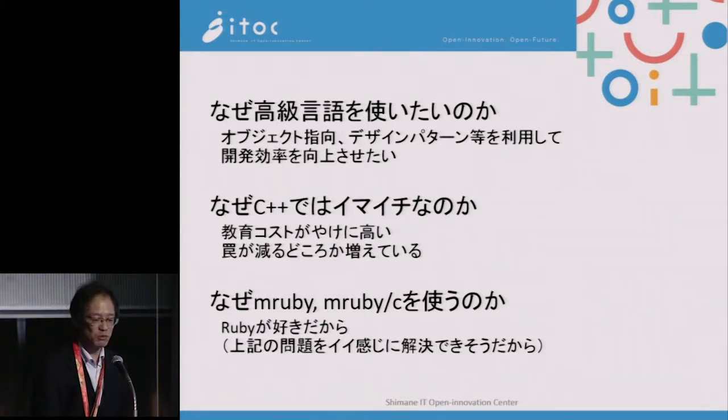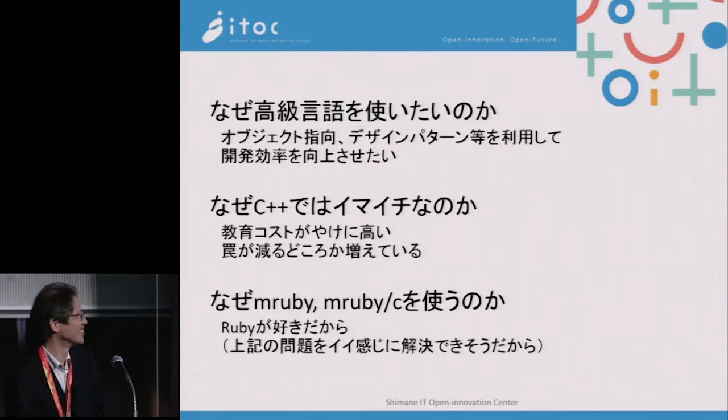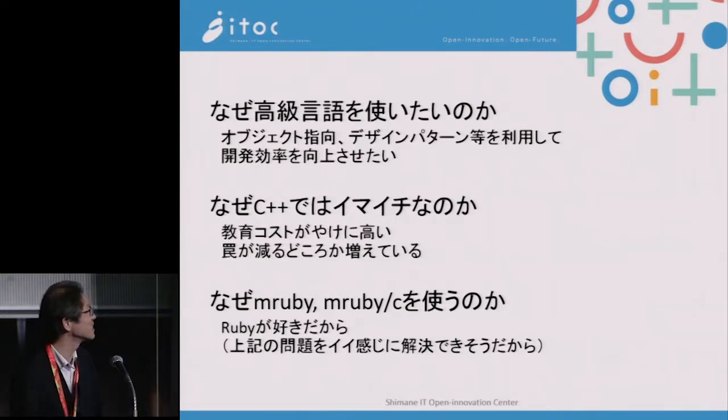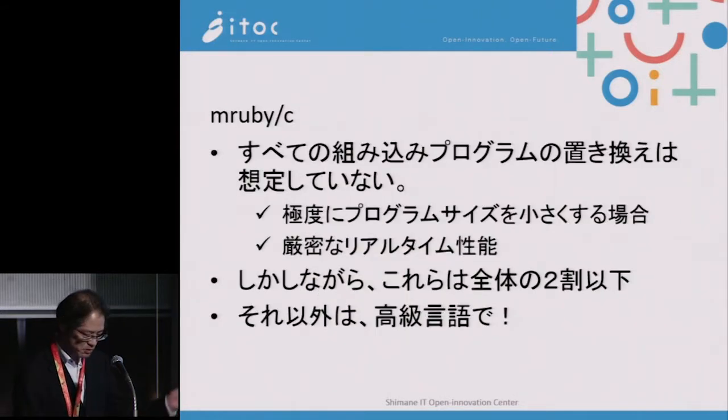So the question is, why Ruby? The answer is that because I like Ruby. I was expecting applause from everyone. Thank you for that. So with Ruby, the issues that I have laid out so far can be solved pretty nicely.